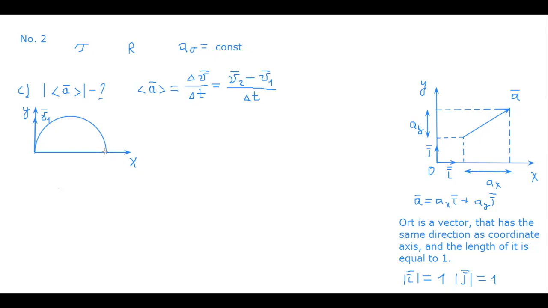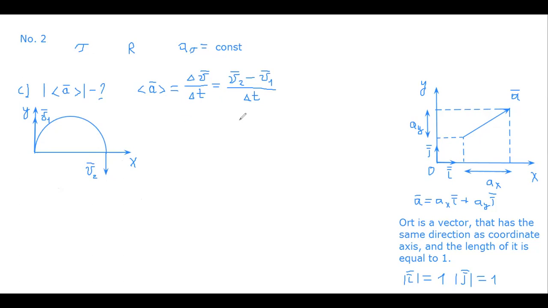So we can draw this, or maybe I will change the length of the vector, because it may change. For example, like this, v2. Yes. Okay.